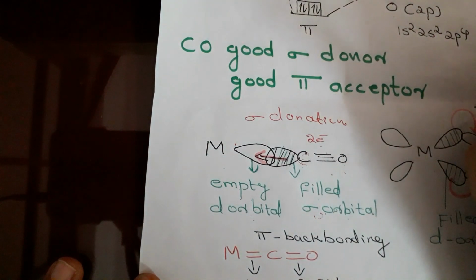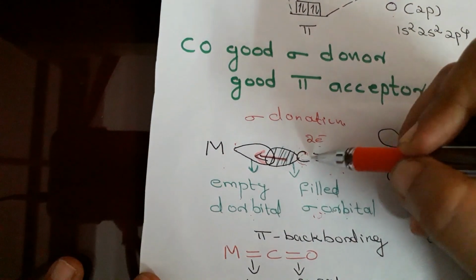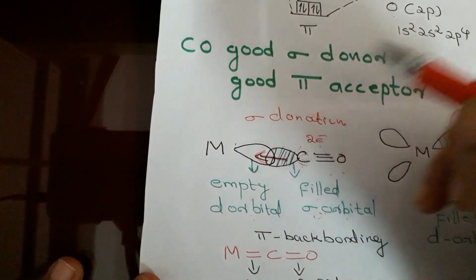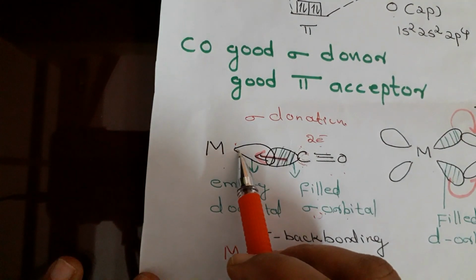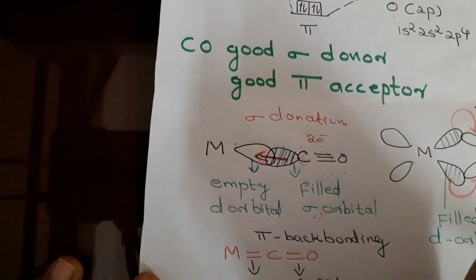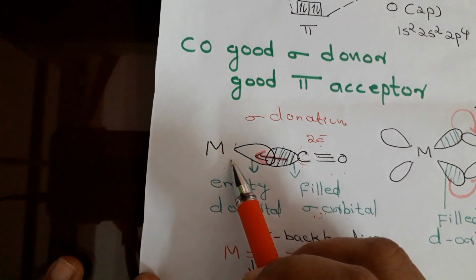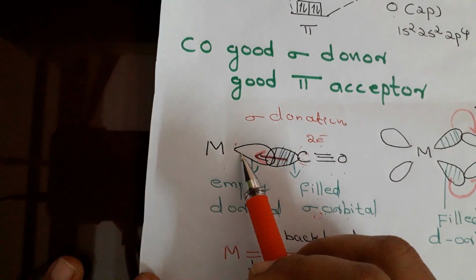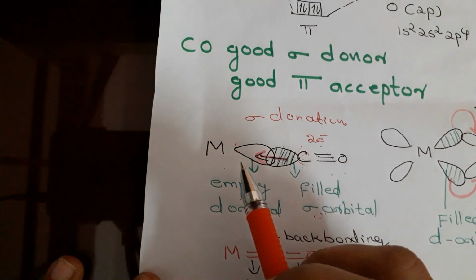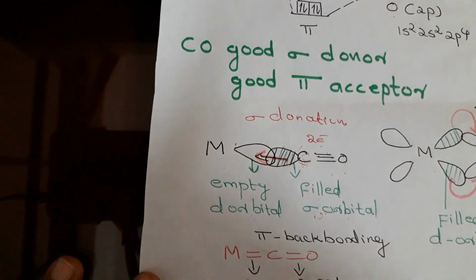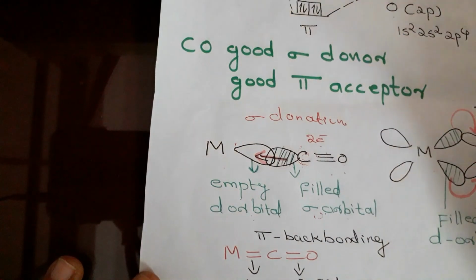But the metal has an electropositive character. Carbon has a carbanion character, negative charge. So the metal, being positive in character, cannot tolerate this high electron richness. The metal tends to donate to anybody.